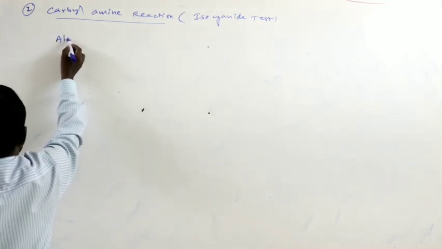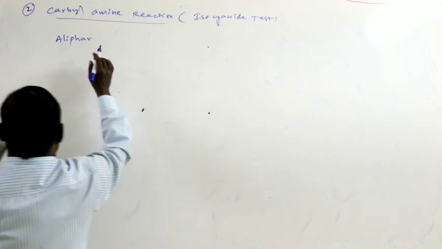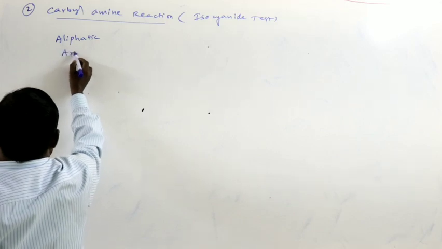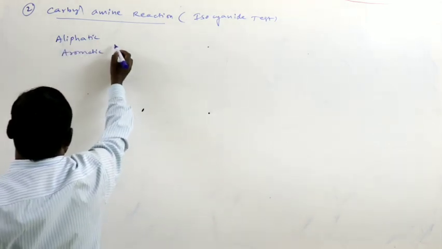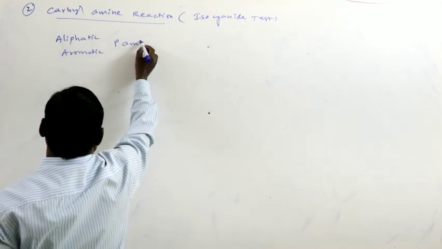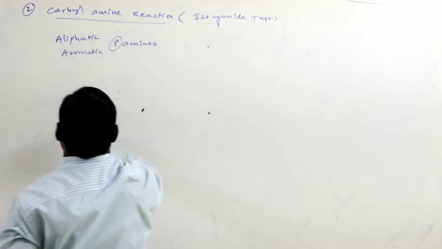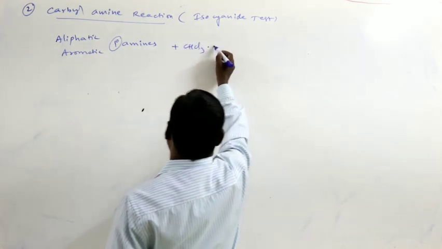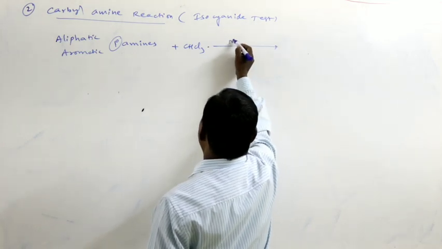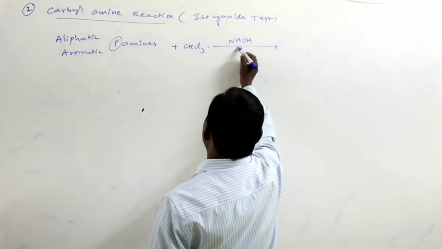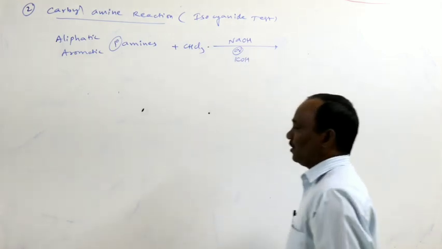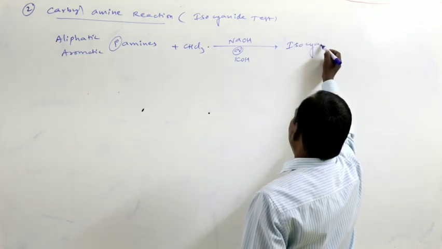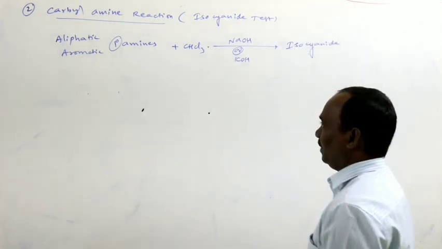Aliphatic or aromatic primary amines, on treatment with chloroform in the presence of alkali like NaOH or KOH, isocyanide formation takes place.